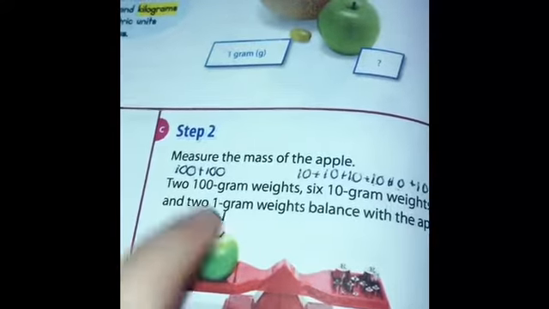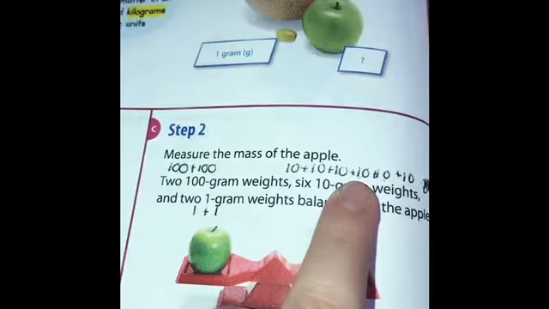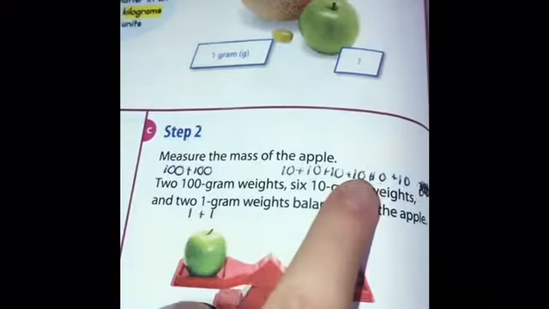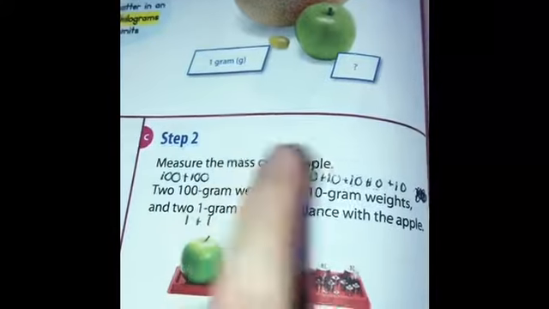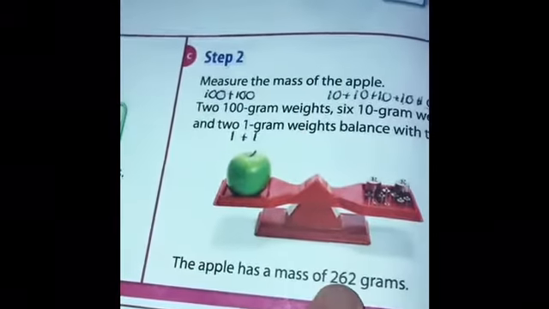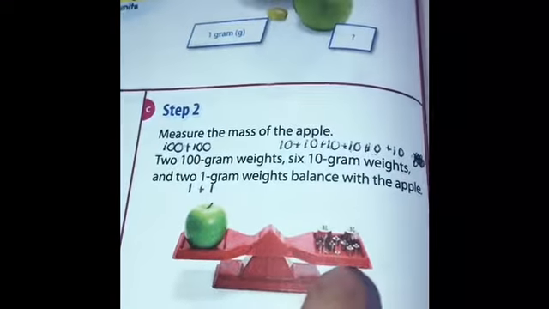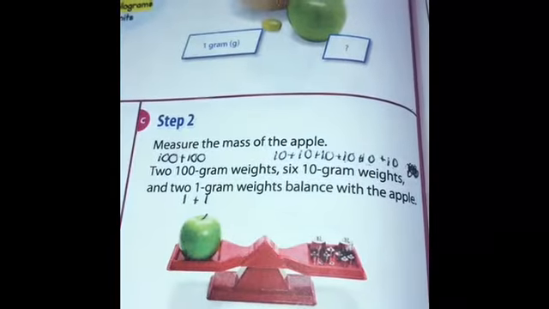So we go 200 plus 60. 200 plus 60 is 260 plus 2, 262. So this side is 262. Look at the balance. Is this side heavier? Is it lighter? Or are they equal? They are equal.